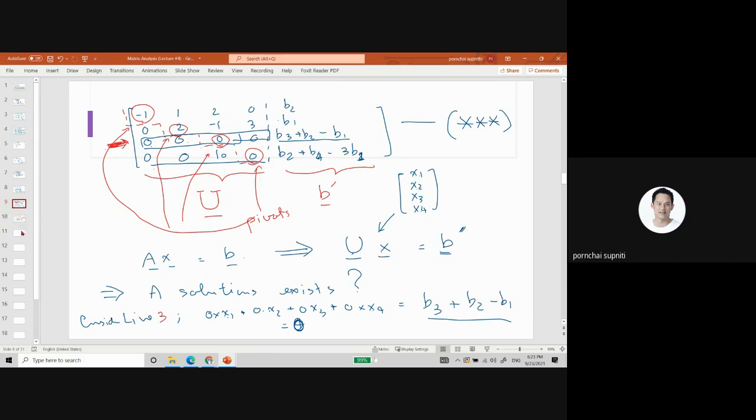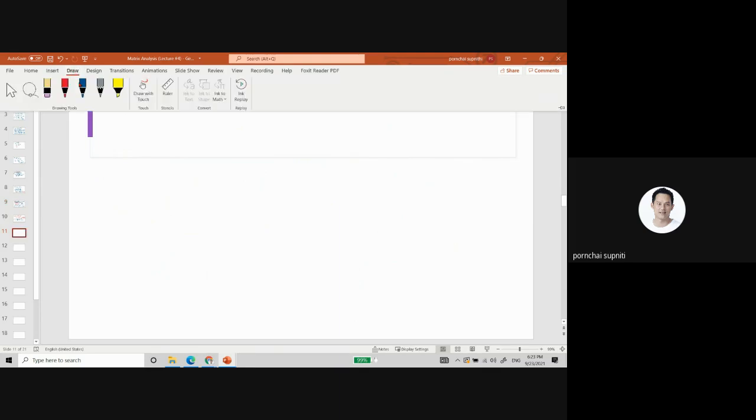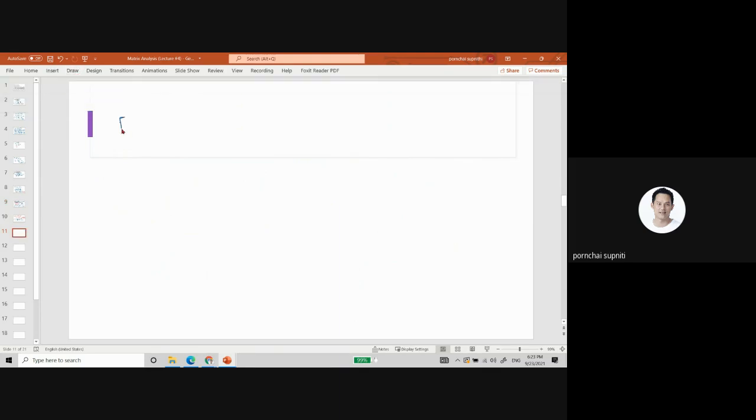So what I'm going to rewrite briefly, I'm going to do it like this. From the 3 star earlier, I'm going to rewrite on the left hand side as -1, 1, 2, 0. This is still left the same. I didn't do anything different. 0, 2, -1, 3, 0, 0, 10, 0.